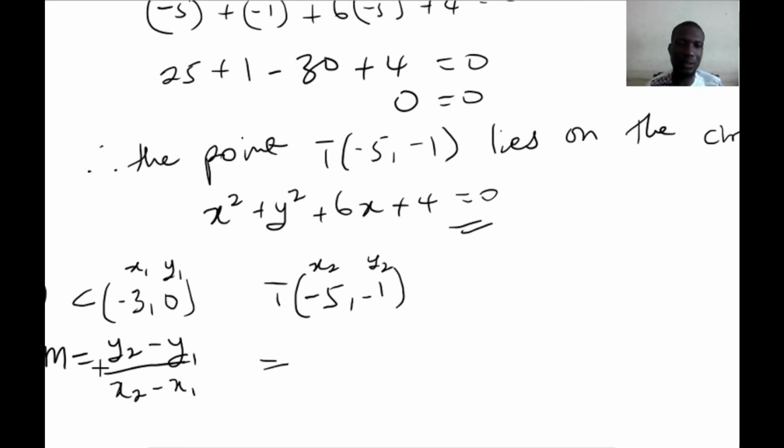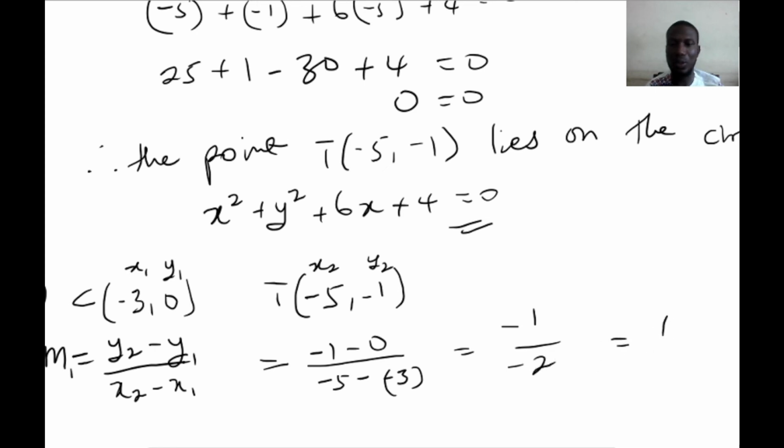So the gradient m1, let's call it m1, is going to be negative 1 minus 0 over negative 5 minus negative 3. This will give us negative 1 over negative 2, which will be equal to 1/2. So this is the gradient of the radius of the circle.